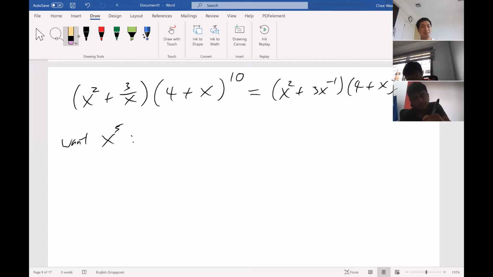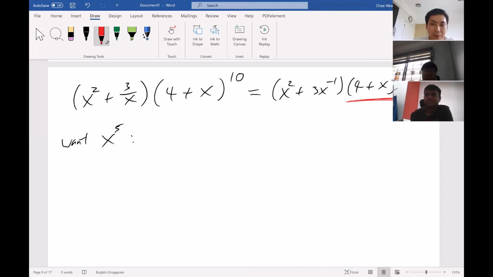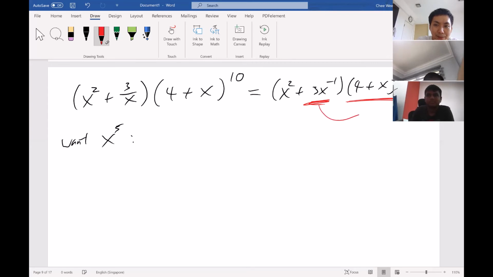Within the second brackets, what should be the priority then? When you expand it, the 3x to the power of negative 1 would become a negative power, which means who will be its partner here to give you x to the power of 5 then?